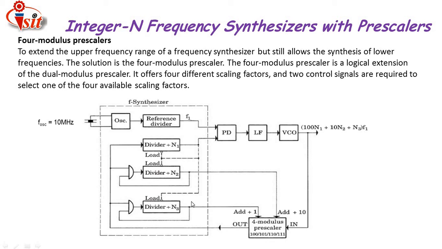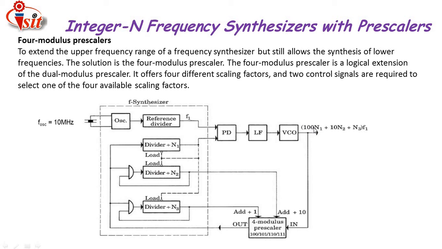Here we synthesize the frequency along with the reference divider f1, dividers n1, n2, n3, along with the phase detector. The summation of all these inputs is given to the phase detector, and the output of the phase detector is applied to the low pass filter, and the output of the low pass filter is again applied to the voltage controlled oscillator.